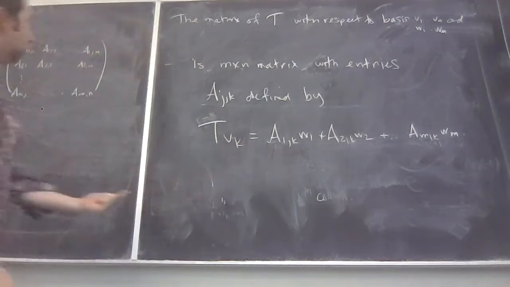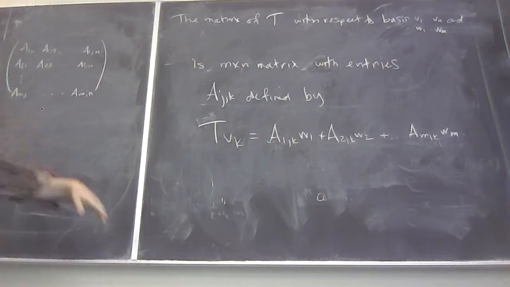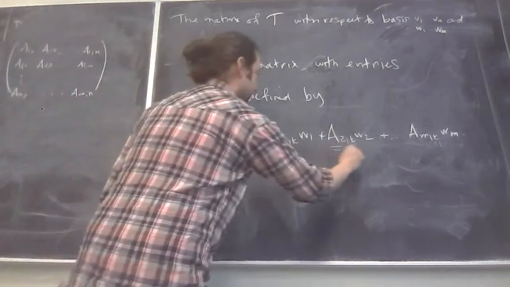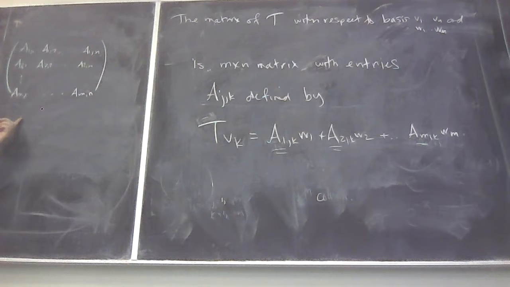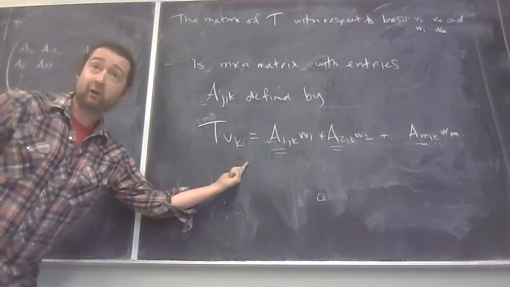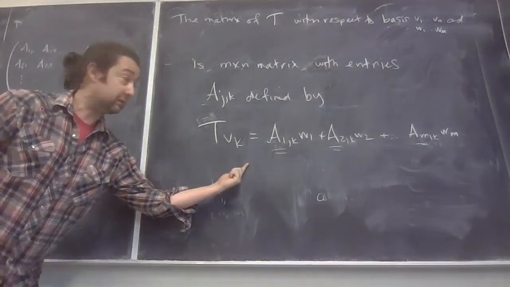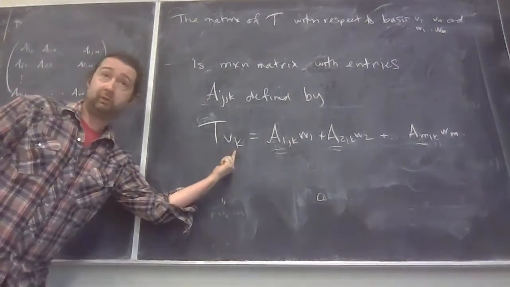The first entry. Does the first entry change in the rows or the columns of this matrix? Okay. So when I describe this list of coefficients, am I telling you a row or a column? I'm telling you a column. Which column? The kth column. So the kth column of the matrix is the set of coefficients that come out from applying T to the kth input basis vector.